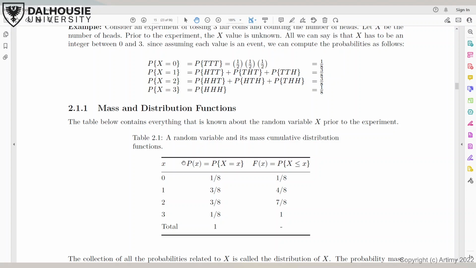We call that the mass function, and we represent it by p of x here. And notice that we are using round brackets instead of the square brackets or the squiggly brackets, so we are using different notation here.